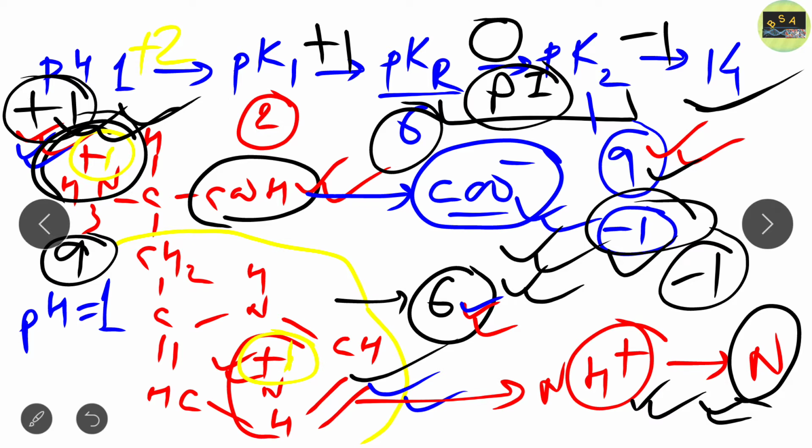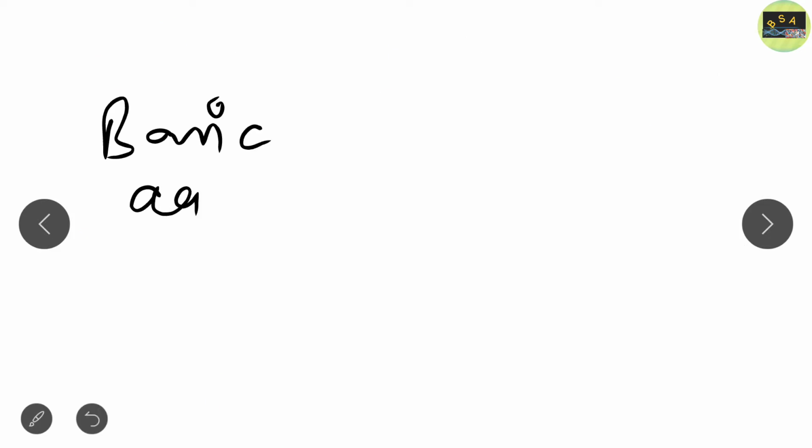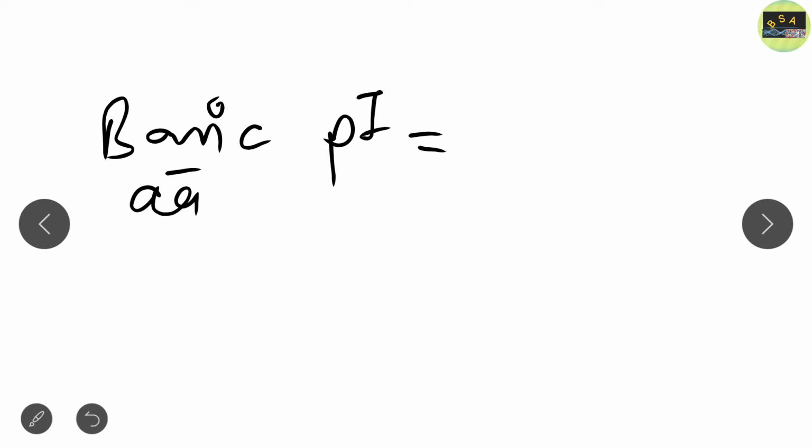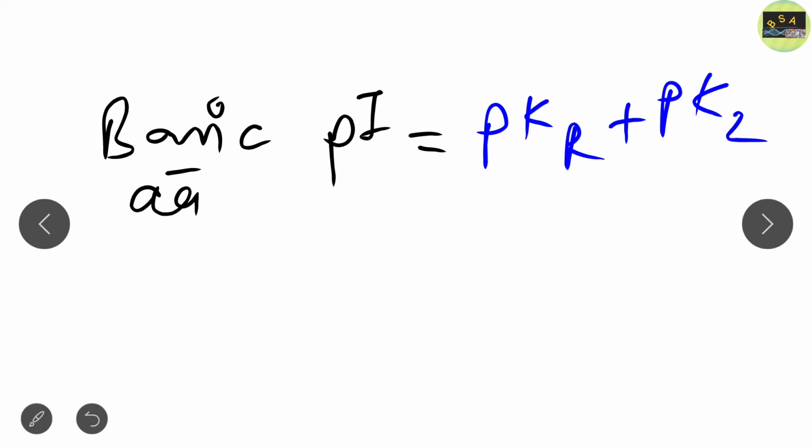So I hope you got a clear idea about this. If you still have any doubt, then you may comment in the comment box. Okay, now write down the formula. For basic amino acid ionizable side chains, the pI can be calculated as pKr plus pK2 by 2.